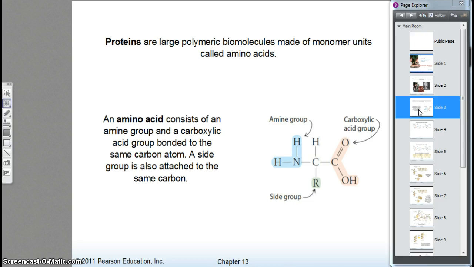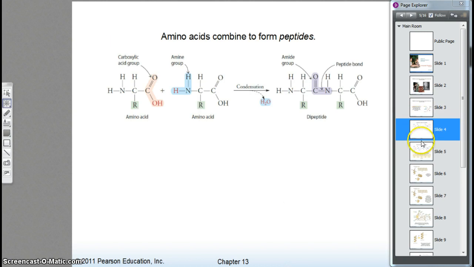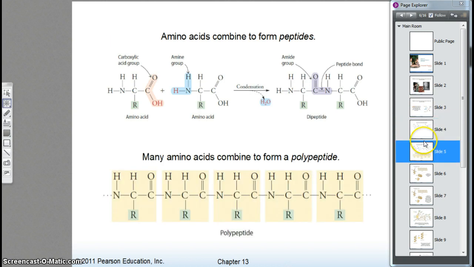All proteins are made from some number and combination of 20 different amino acid blocks. The side groups are what distinguish amino acids from each other. Amino acids are linked by peptide bonds that are formed in a condensation reaction between the carboxylic acid end of one amino acid and the amine end of another.